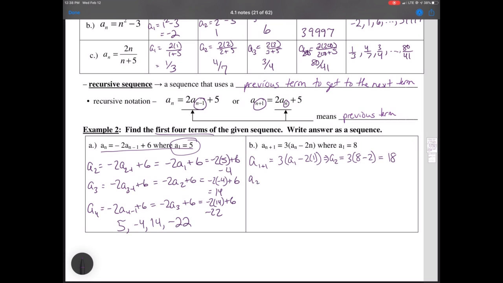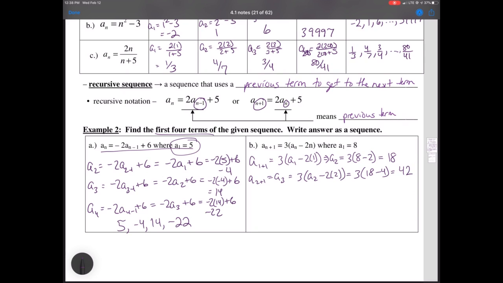So now that we know that a sub 2 is 18, we can find the next one. So a sub 2 plus 1, which is a sub 3, equals 3 times a sub 2 minus 2 times 2, which equals 3 times 18 minus 4, which is 14 times 3, which is 42.